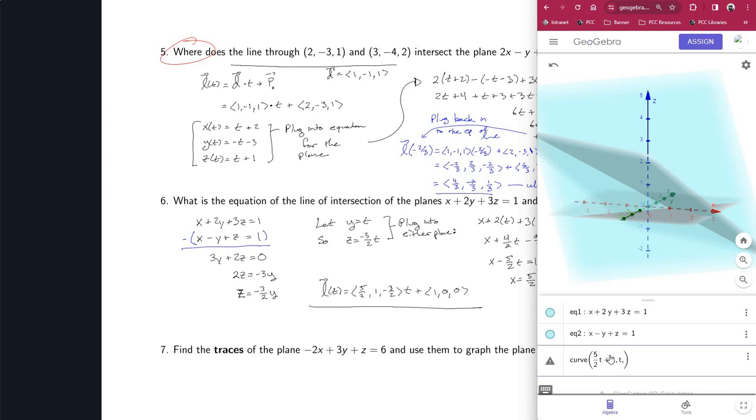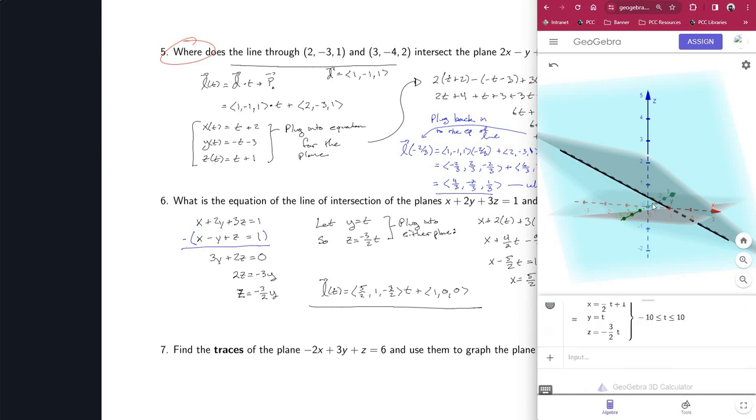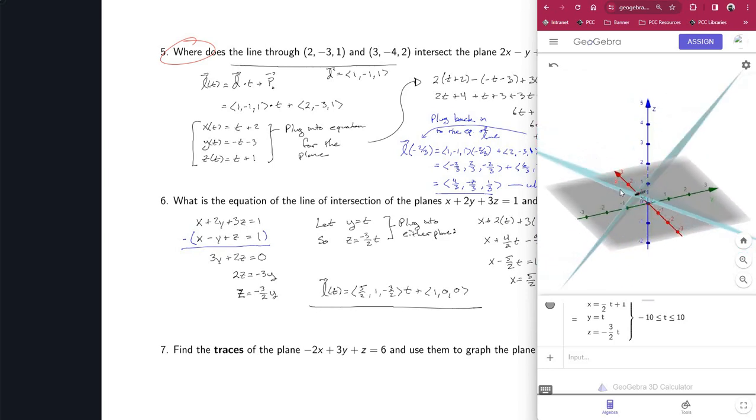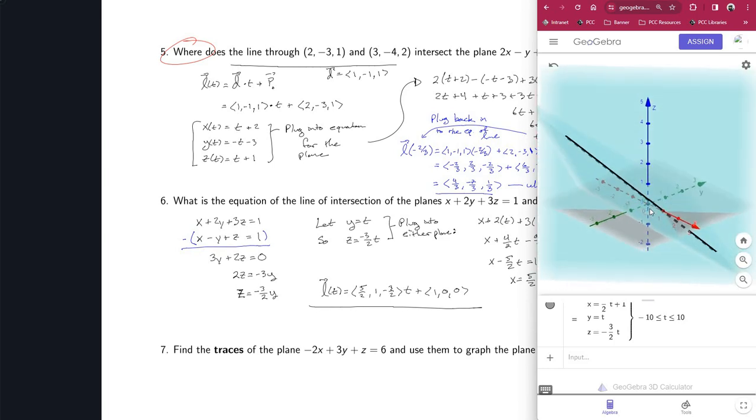The y component is just t. The z component is -3/2 t. And we'll say t is our input variable, going from -10 to 10. And boom, that falls right on that intersection as we were expecting it to. Yes? So that's how you can confirm your work here.